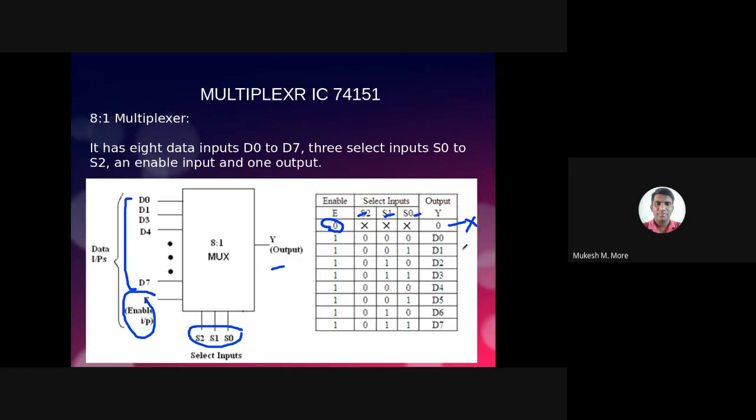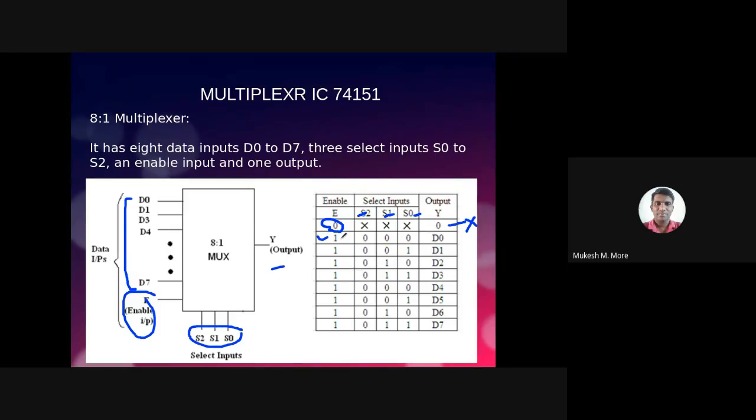The multiplexer is not working when the enable input is equal to 0. Now when you change the enable input value to 1, then your multiplexer will get started and it will generate the output.